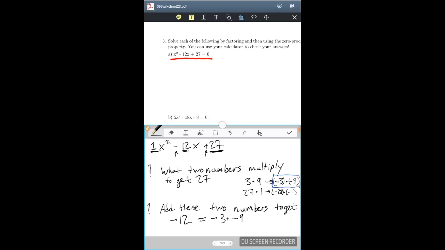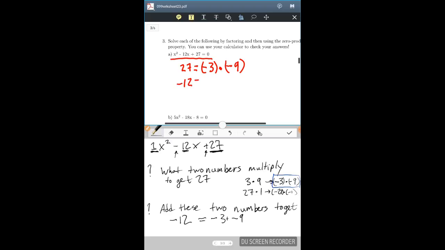So what we can do from there, and I'll put it up in our answer up here, is we've found that 27 is negative 3 times negative 9. So we've got that.